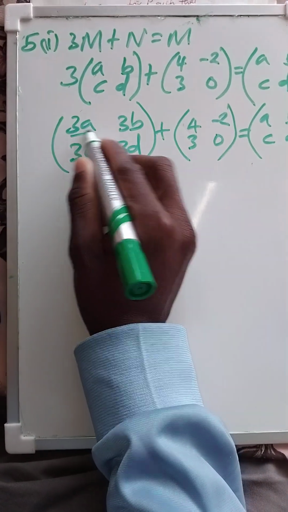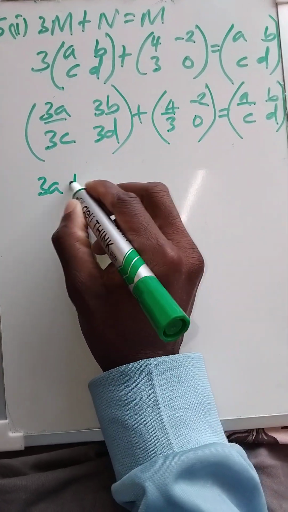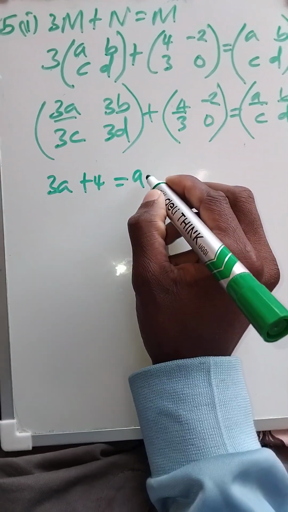So this gives equation 1: 3a plus 4 is equal to a.